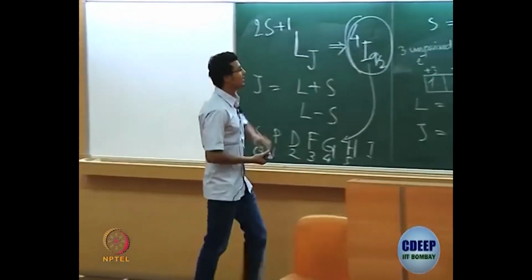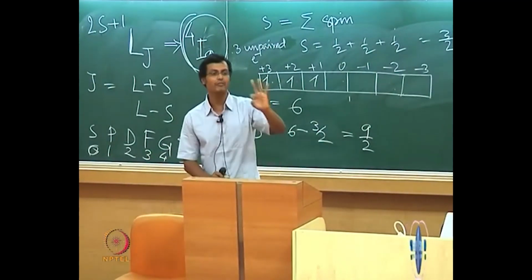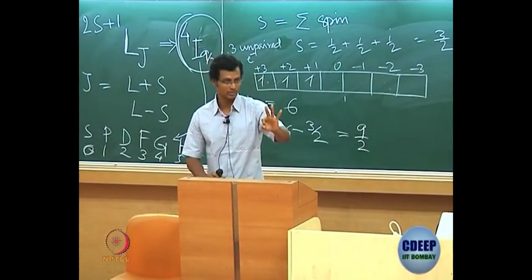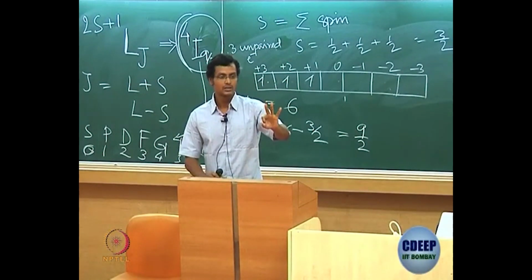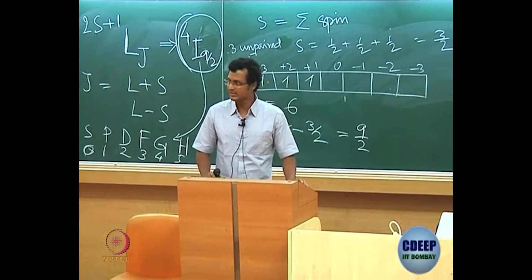What it tells you is the total spin. Let's say you have 3 f electrons, an f3 configuration. See here, Em. What's that?